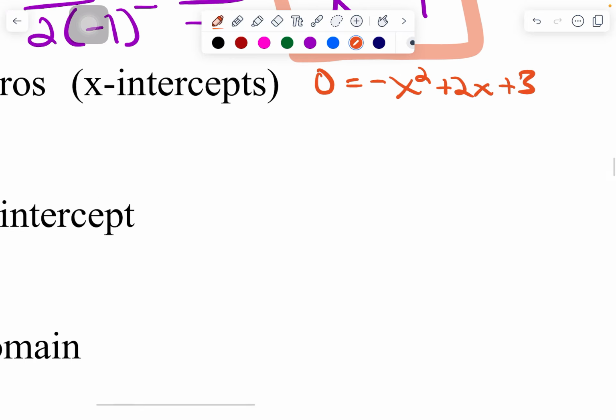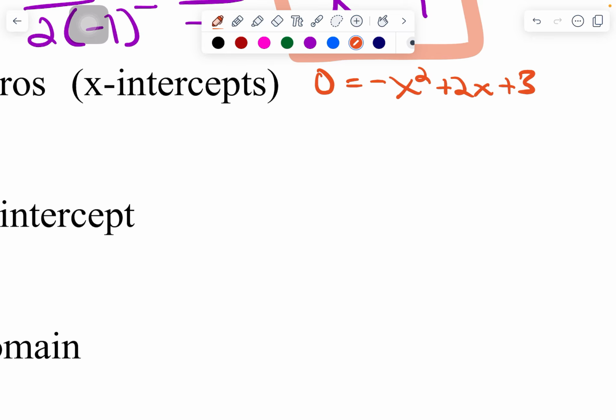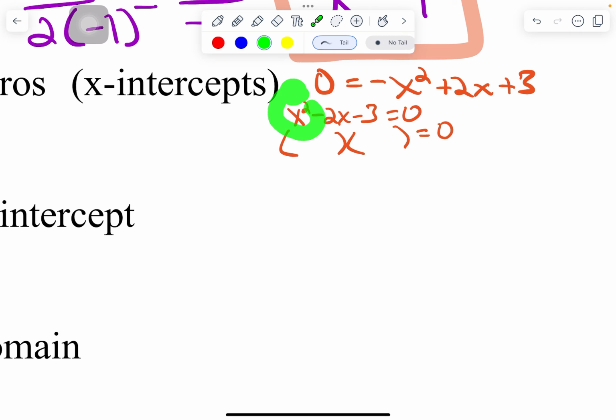I am not a huge fan of dealing with that negative in front of the x squared, so I'm going to move these terms to the left side. That will get rid of that negative sign, and it's also going to change all the signs. So adding x squared, subtracting 2x, and subtracting 3, make it equal to 0. I am much more comfortable factoring when my leading term is positive.